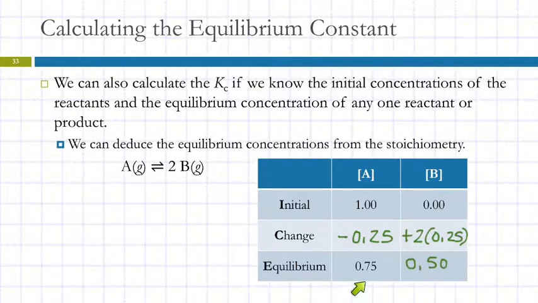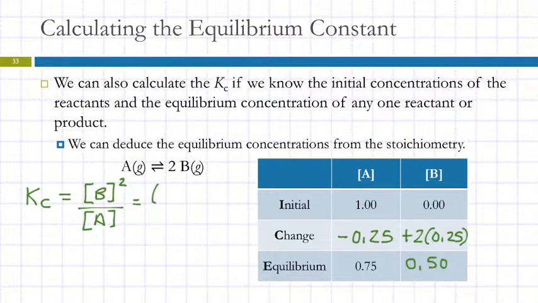Now I know the equilibrium concentrations of everything in the reaction, and I can calculate the equilibrium constant. Because the expression is Kc equals the concentration of B squared divided by the concentration of A. And then I plug the numbers in. Concentration of B is 0.50, I'm going to square that, divided by the equilibrium concentration of A, 0.75.